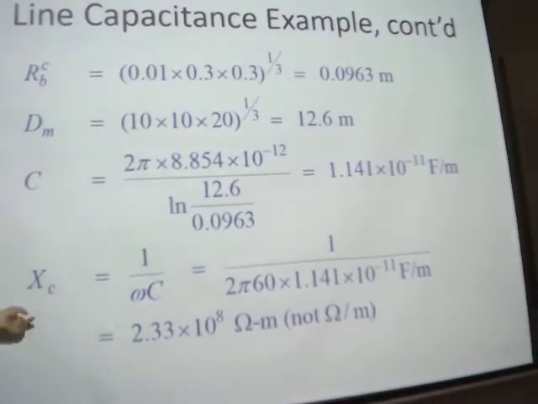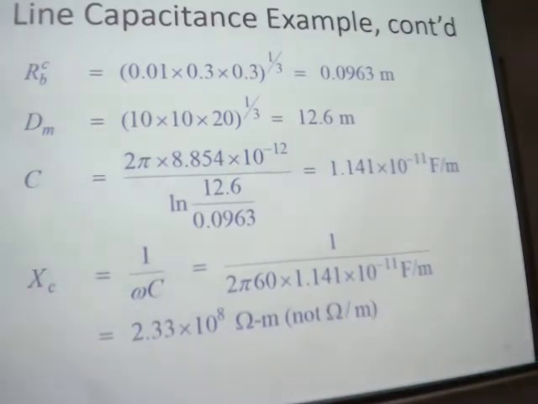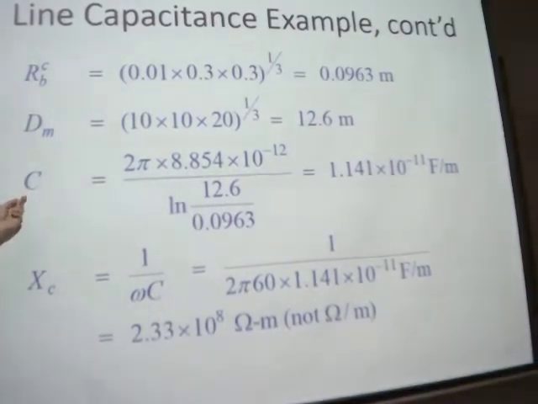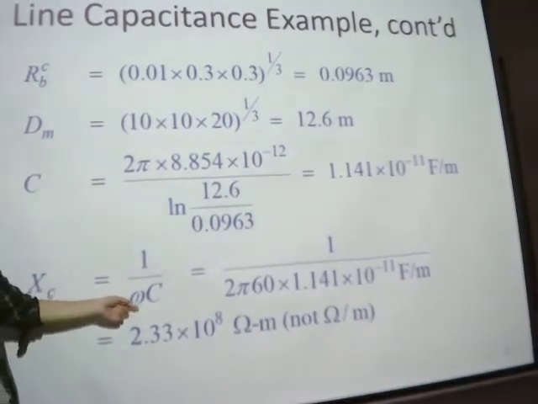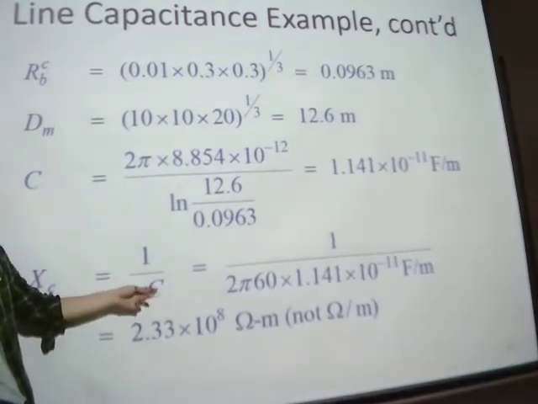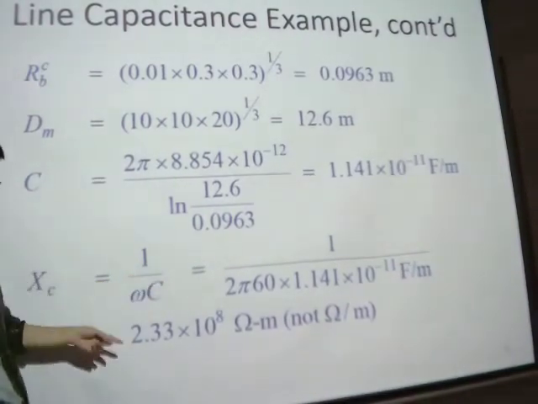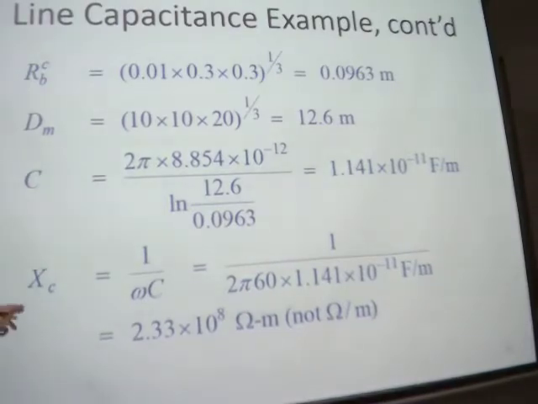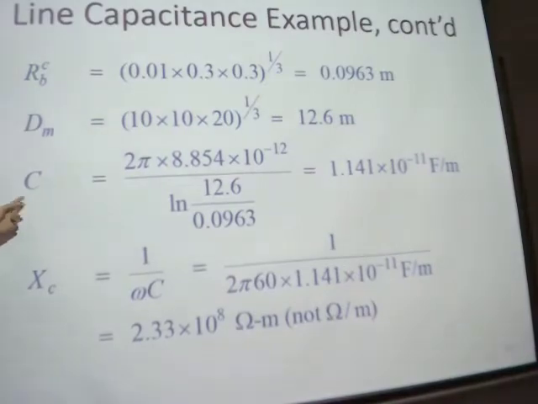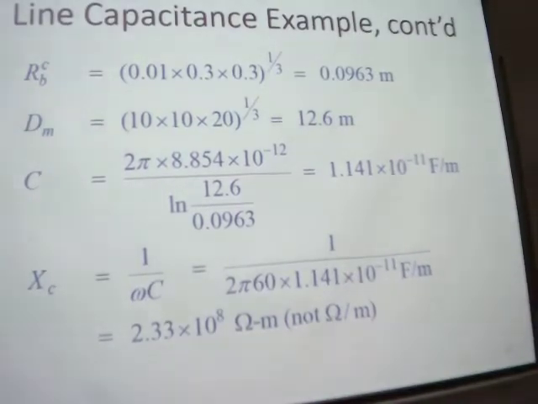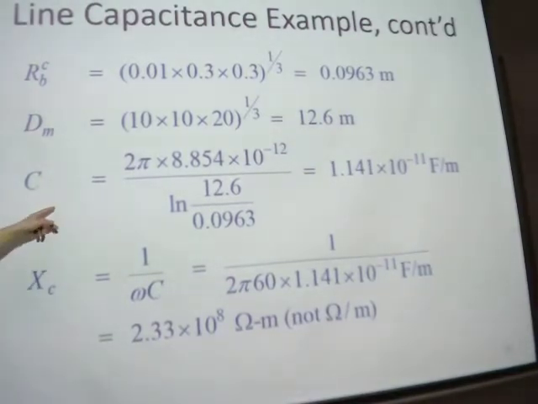So the reactance of the capacitance, you know this, right? It is 1 divided by omega C. It is actually the impedance of the capacitance C. With the formulas provided, you know how to calculate this.